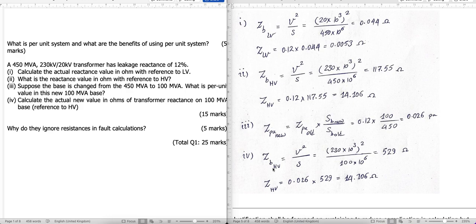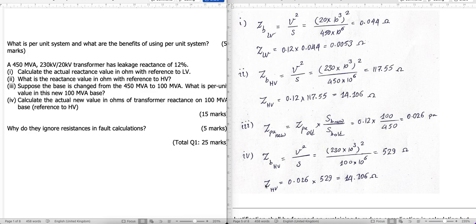So we need to first calculate the base impedance, V squared over S, on the high tension side, so 230 kilovolt squared over the new base, 100 MVA. That gives us 529 ohm as the base impedance.